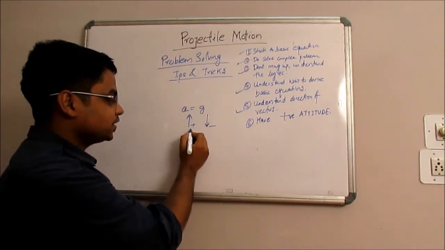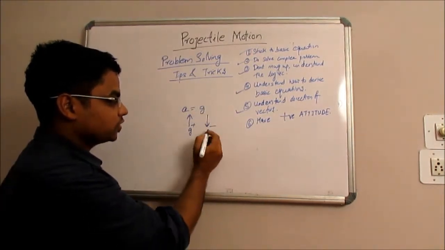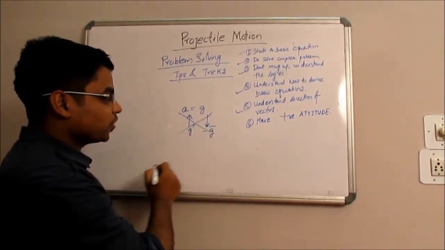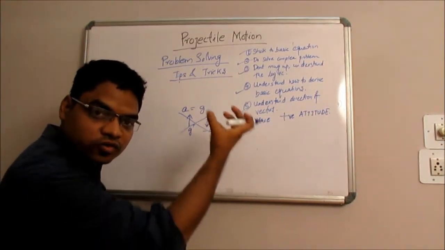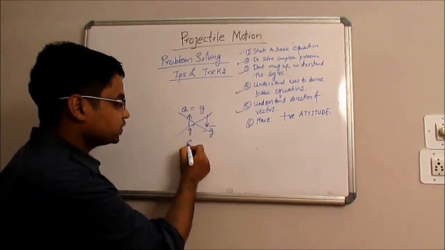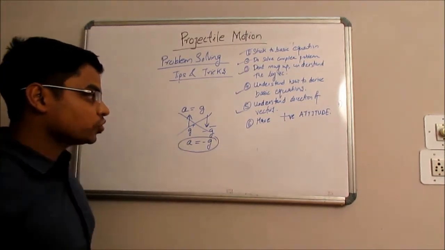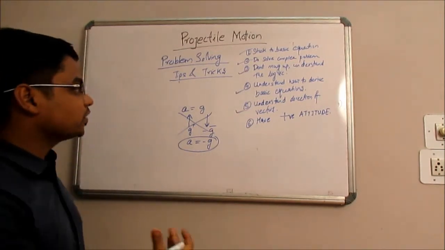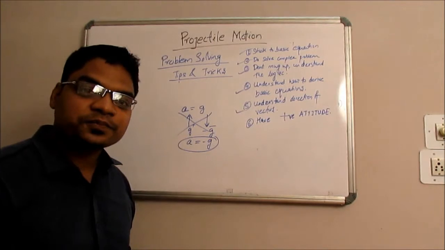So they will take g as positive for the upward motion, and for the downward motion they will take g as negative. Don't do this, because you know the force of gravity is always in the downward direction. So we will always take a is equal to minus g. So you need to understand the direction of vectors. Similarly, the same applies for the velocity vector direction, the displacement direction, etc.